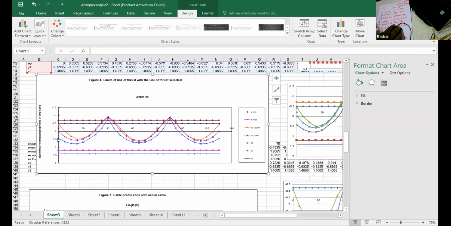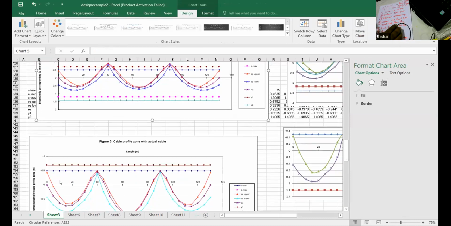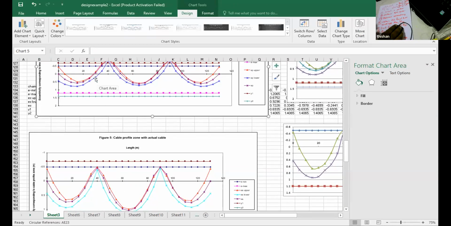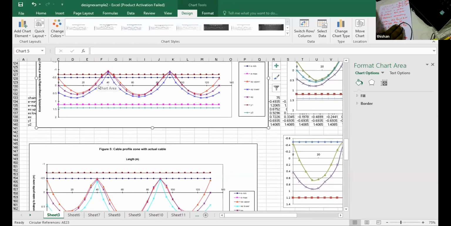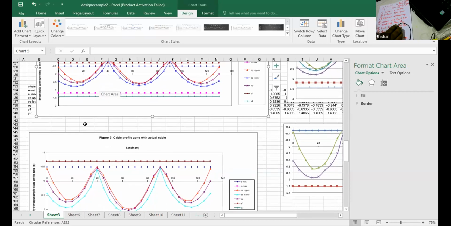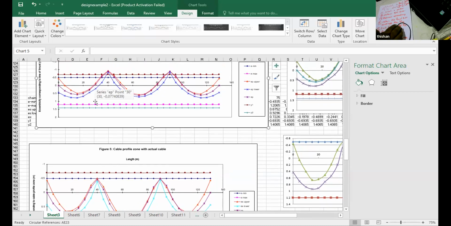Now you can see the moment we know ES, we can find EP, the reason being we already know the secondary moments. And it's a matter of just writing one equation: EP is equal to ES minus M2 over RP. So M2 is known, pre-stress is known, loss ratio is known. So finding EP is just a simple exercise.